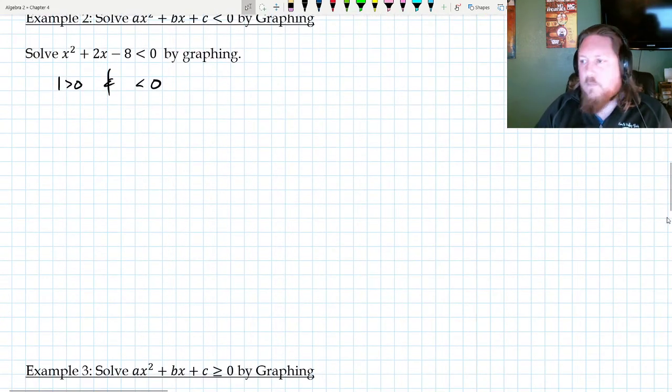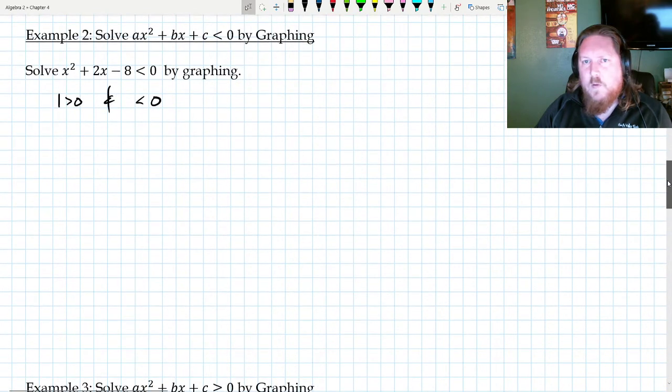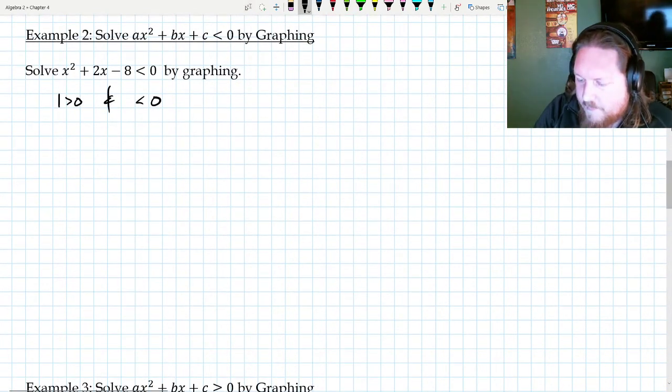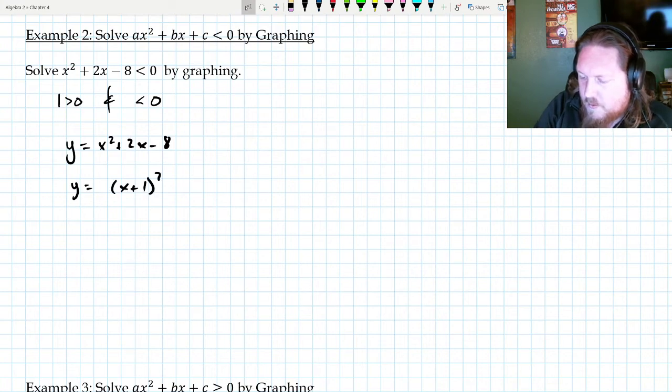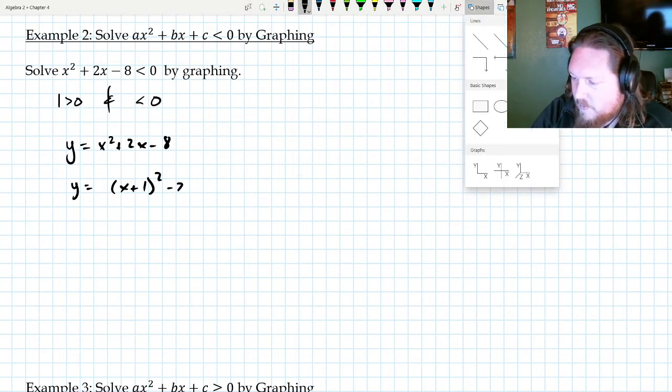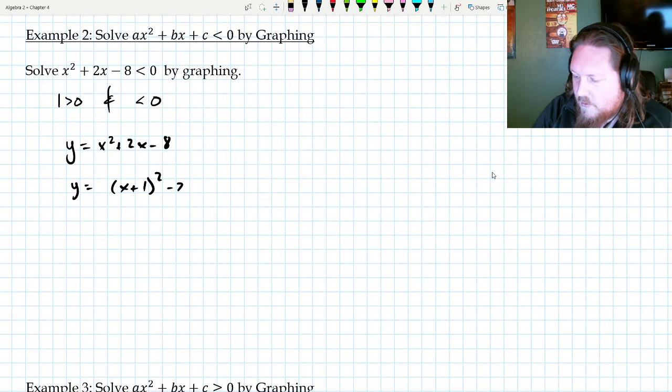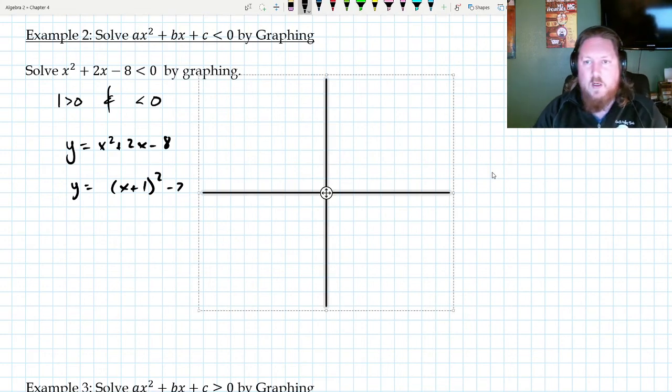So let's solve it by graphing real quick. I'm going to graph y equals x squared plus 2x minus 8, which is x plus 1 squared minus 7. Sorry, I just completed the square very quickly in my head.